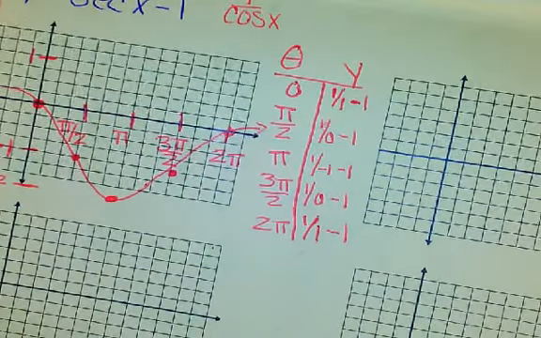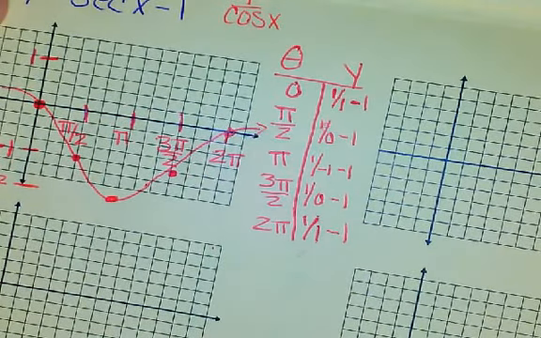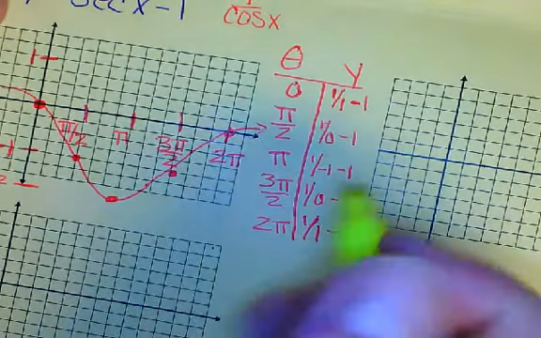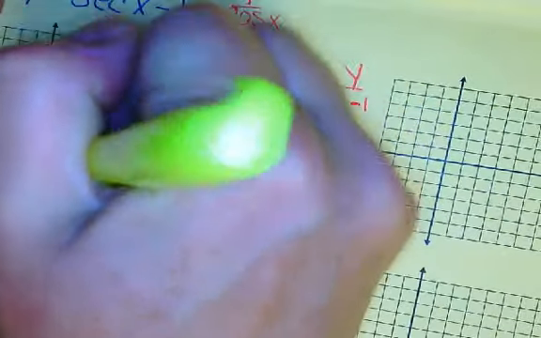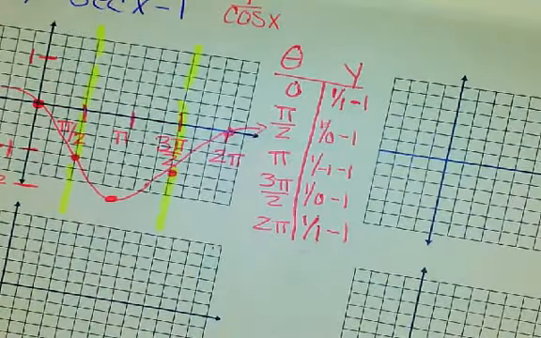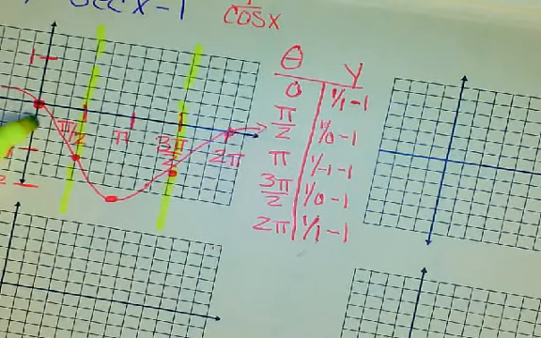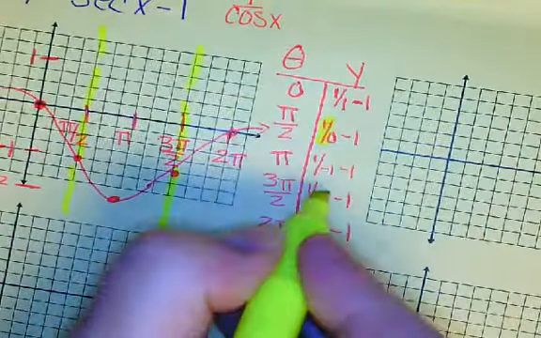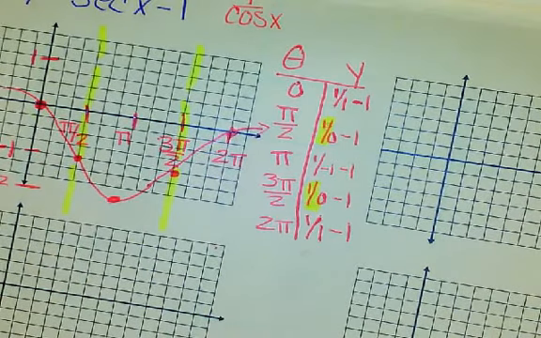Okay, now remember, I am going to have asymptotes at places that it was undefined. So it was undefined here, and it was undefined here. Now remember, this is the cosine graph. The cosine doesn't have any undefined, but because of this undefined and this undefined, I have to put it there. Okay.